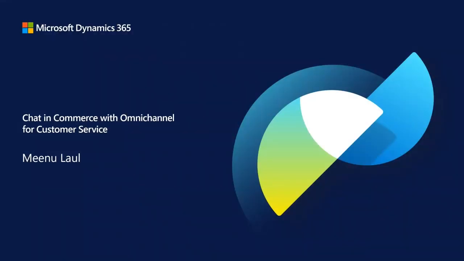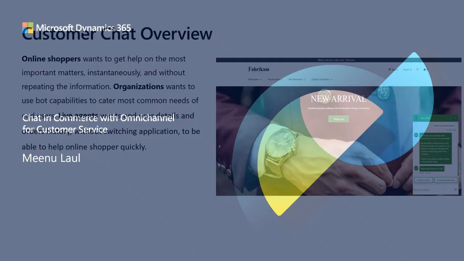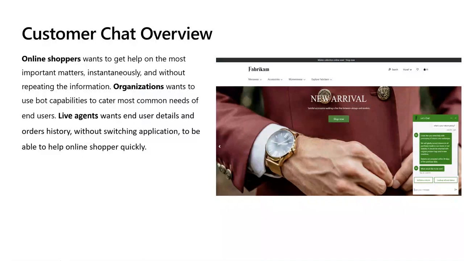Now let's just talk about chat in Commerce with omnichannel for customer service. As you know, in today's world, chat has emerged as a primary channel for a customer to interact with the support agents. Because of its simplicity, people can simply click on chat, ask their question and get help quickly.